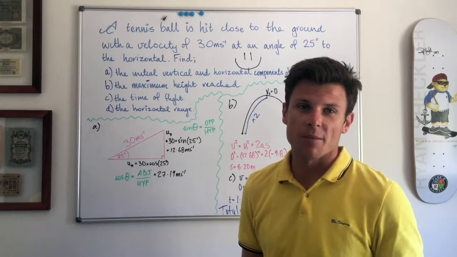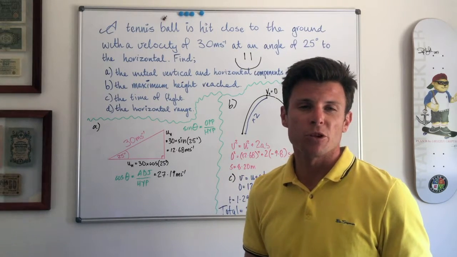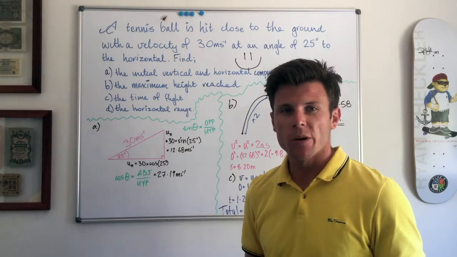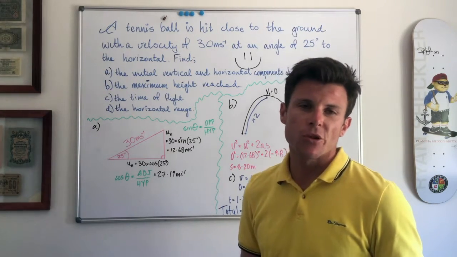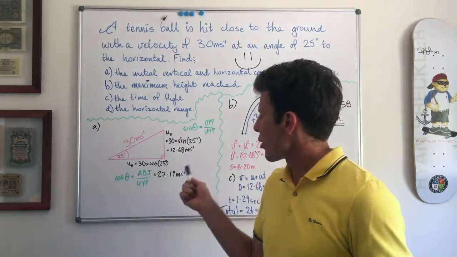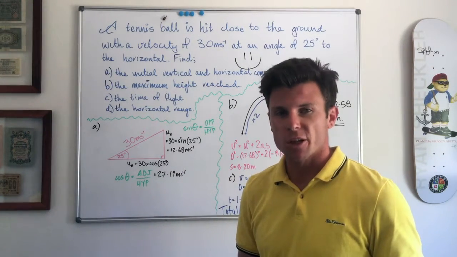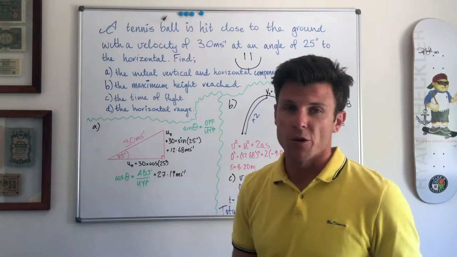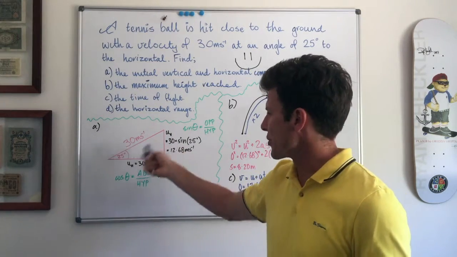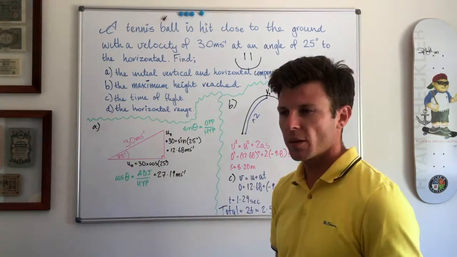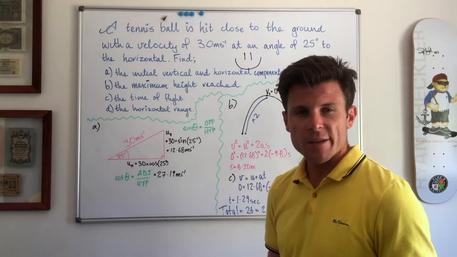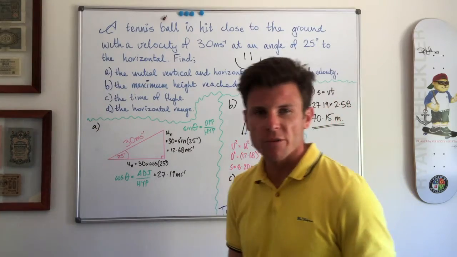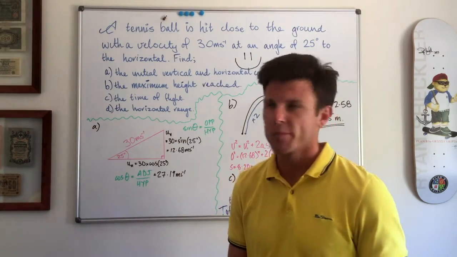Okay guys, in summing up, what I want you to take away from this projectile motion video is a couple of key points. First key point is that any vector in 2 dimensions can be broken into 2 perpendicular component vectors. In this case, we have a horizontal and a vertical component vector of our ball's initial velocity. Point 2 is that the maximum height of the ball will also correspond to when the vertical component of the ball's velocity is 0.